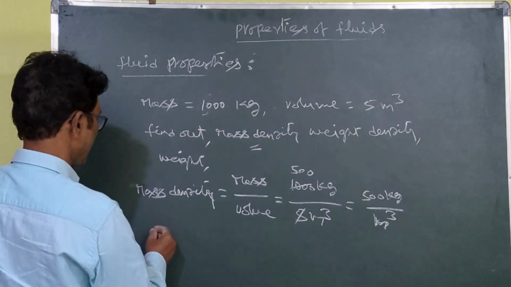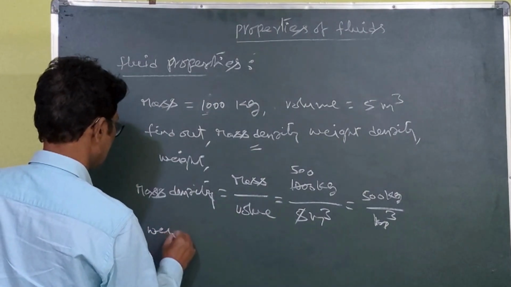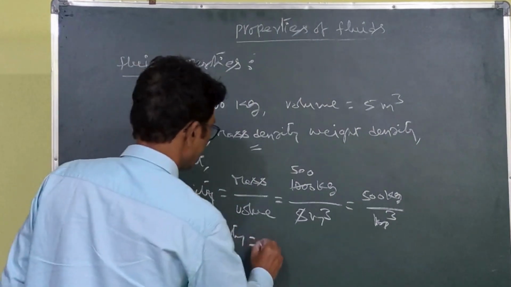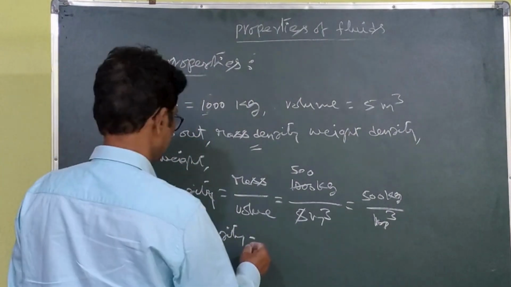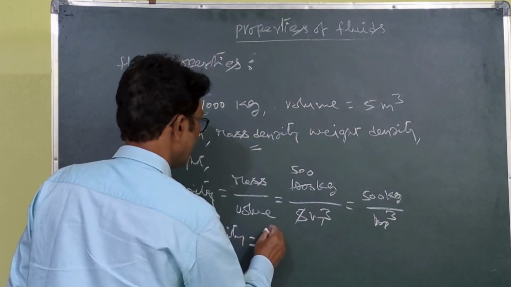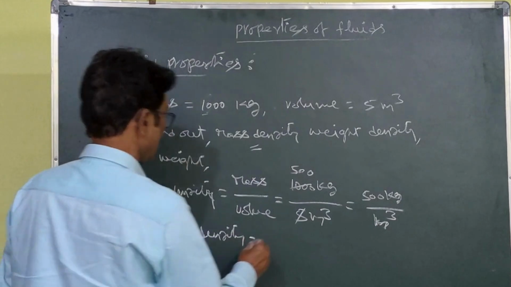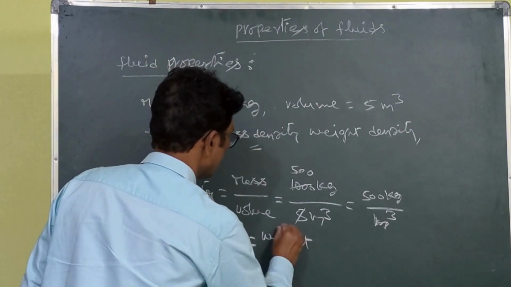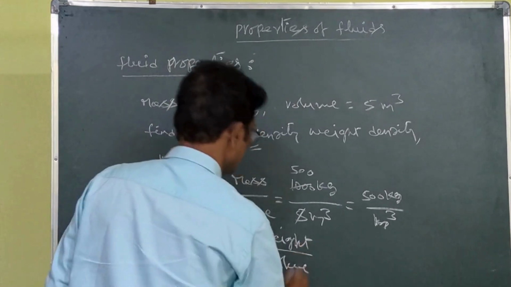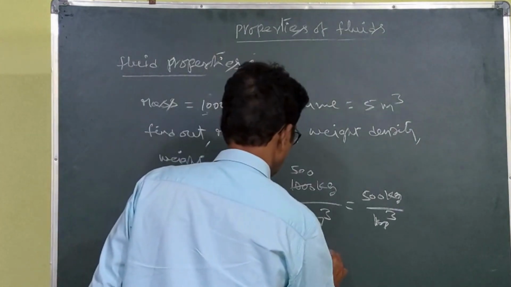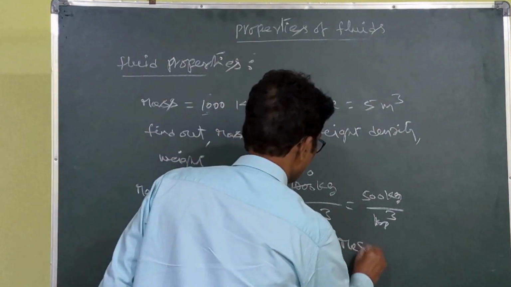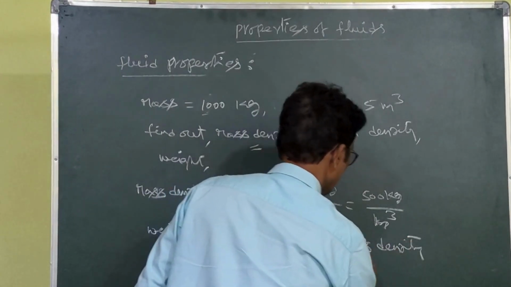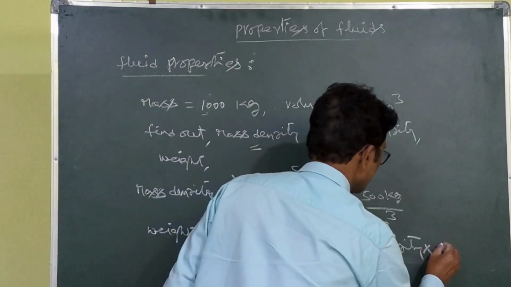So therefore from here, weight density equal to the formula weight by volume, or mass density divided by... sorry, mass density into acceleration due to gravity.